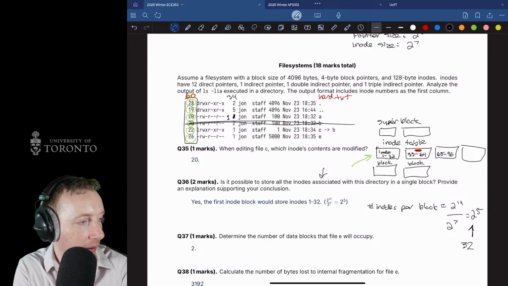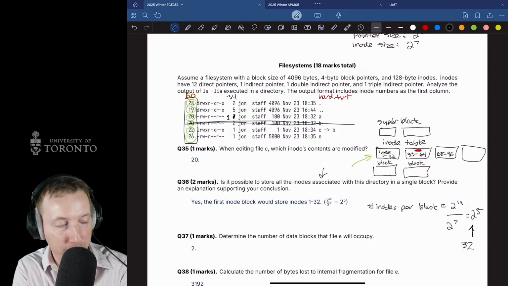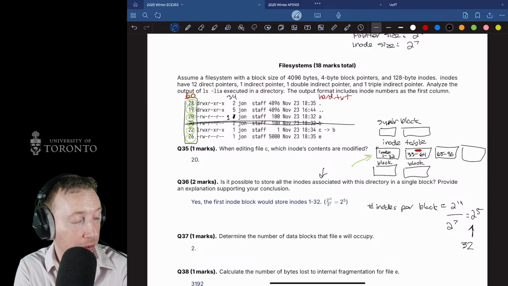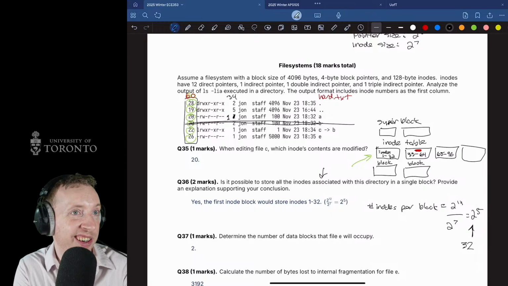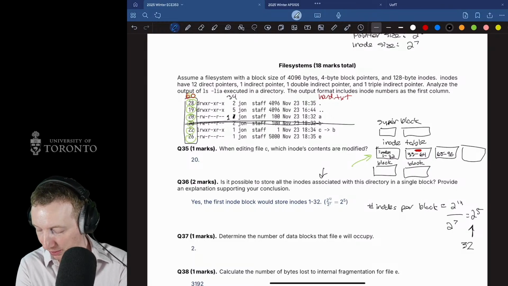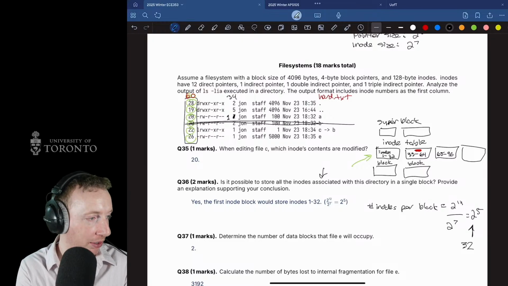So if it also contained inode 34, 33, or anything like that, then the answer would be it is not possible to store it within a single block. You might be able to argue it. I would probably give you the mark if you argued it, because I could see how you could.